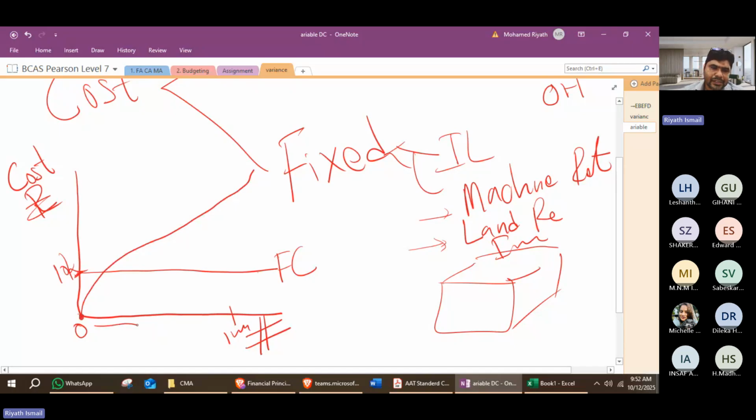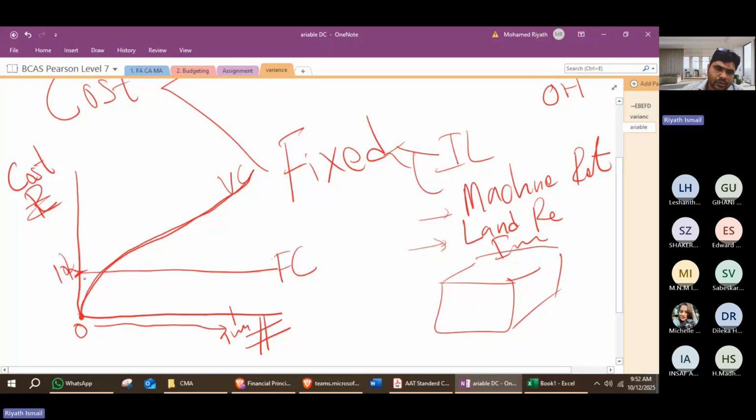When you enhance production and produce more and more output, the cost increases. No production, no production cost. This is called variable cost.